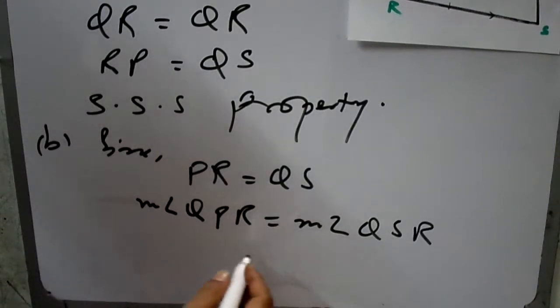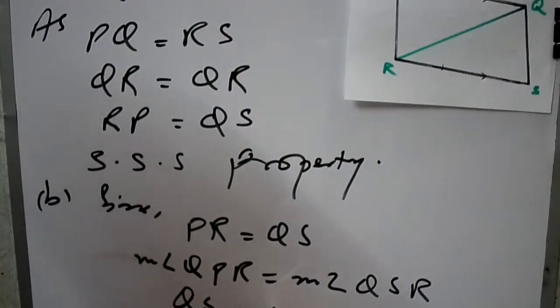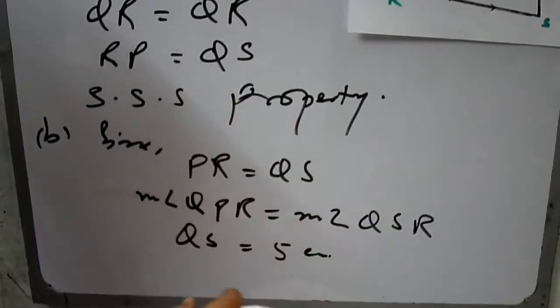Because you can see in the diagram that QS is equal to 5 centimeter, because in our textbook it is given, and it is also given in B part that PR is equal to 5 centimeter and angle QSR is 50 degree.